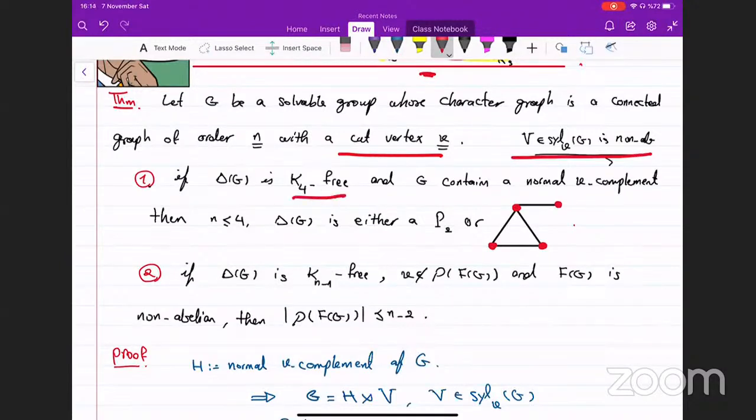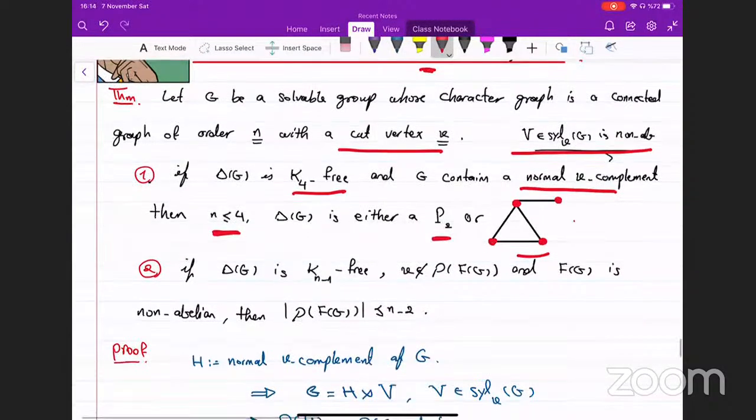If your graph is K4 free, K4 is a complete graph with 4 vertices, it means you don't have anything like K4 inside your graph, and G contains a normal V complement, then n, the number of vertices, must be at most 4. And delta G is either P2 or this graph.